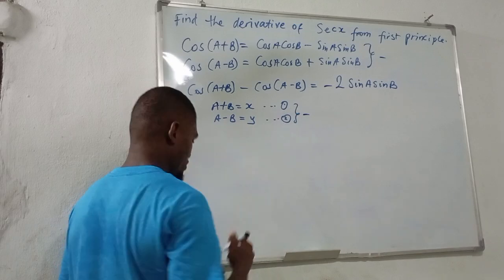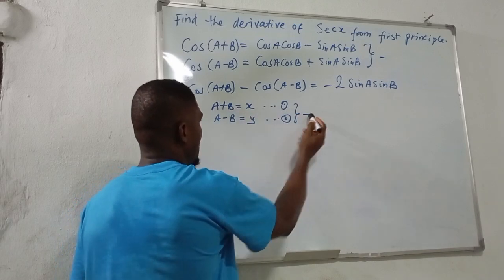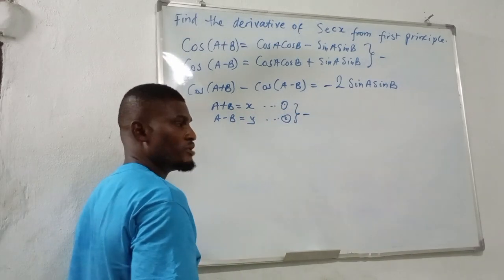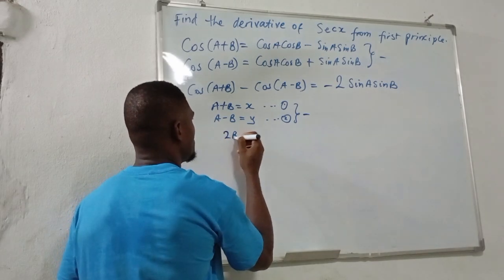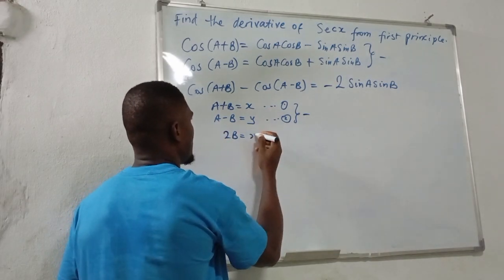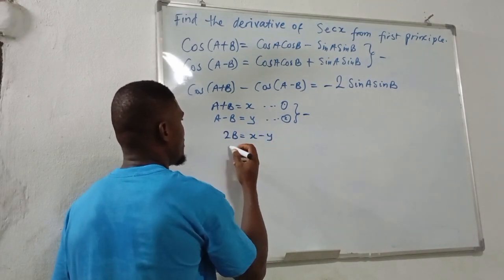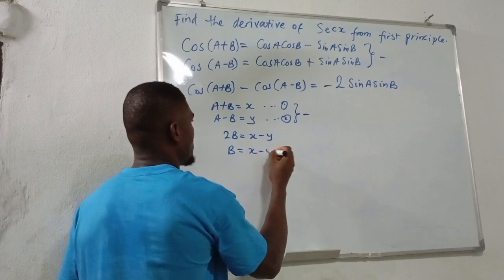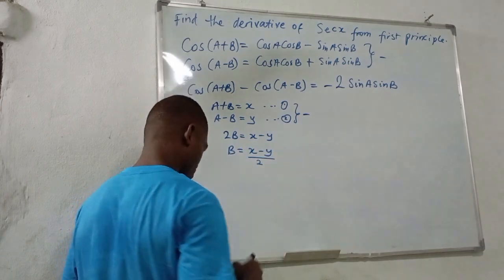A minus A is gone. B minus minus B becomes B plus B, that gives us 2B. Then we have X minus Y. So B equals (X minus Y) divided by 2.